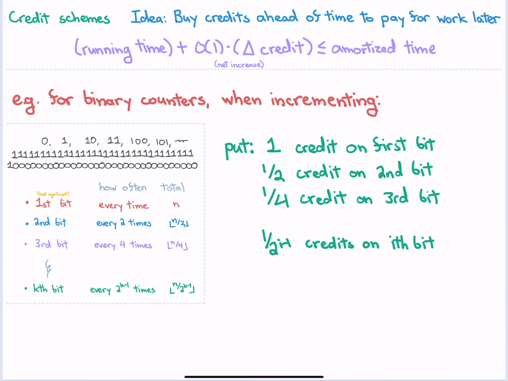What I'm doing is paying for work coming up in the future. When I increment by one, that bit later on is getting gradually closer to eventually flipping, so we're paying for that work ahead of time. Each iteration, how much total credit do we pay?